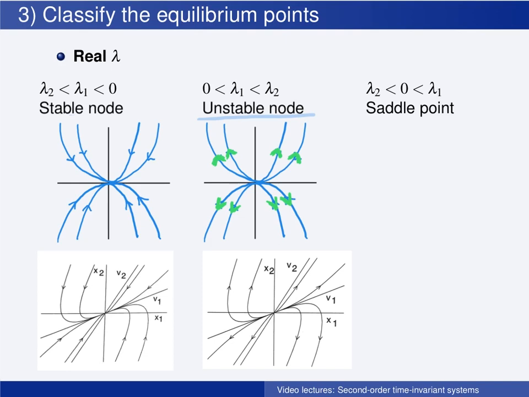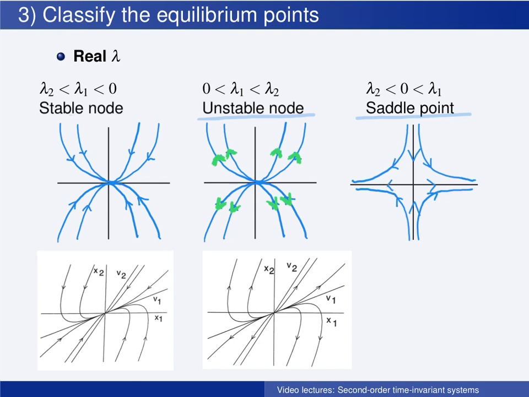Finally, if one eigenvalue is positive and the other one is negative, then the equilibrium point is said to be a saddle point. And the normalized phase portrait looks like this. Note that along the x1 axis, which corresponds to the unstable eigenvalue lambda 1, the trajectories move away from the equilibrium point.